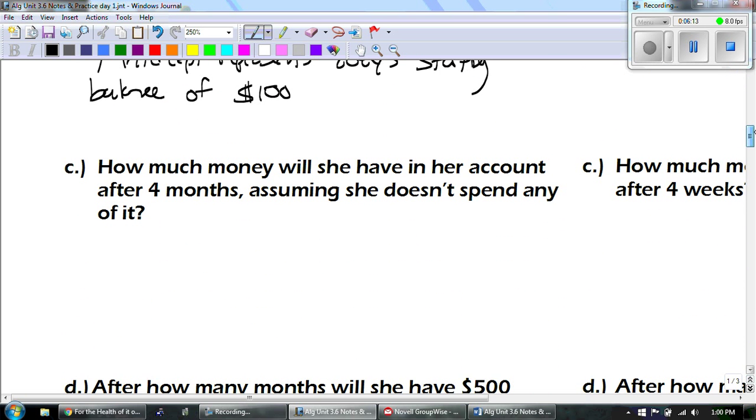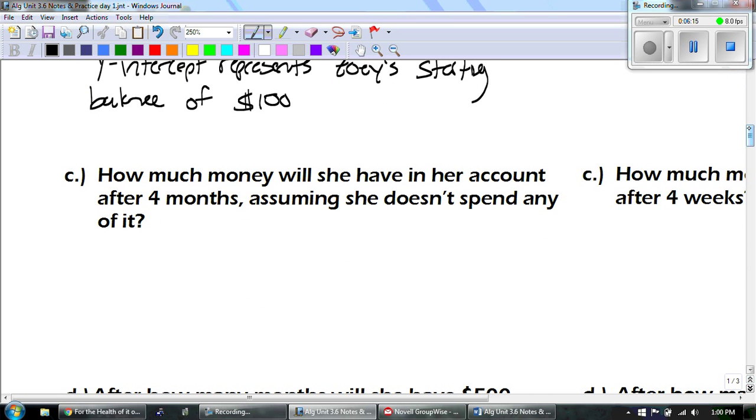Part c: How much money will she have in her account after 4 months? Did they tell me the month or did they tell me the total? 4 months, that's time. So they told me the x, so we have to find the total.